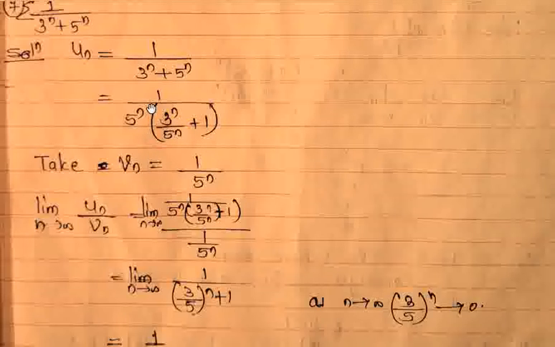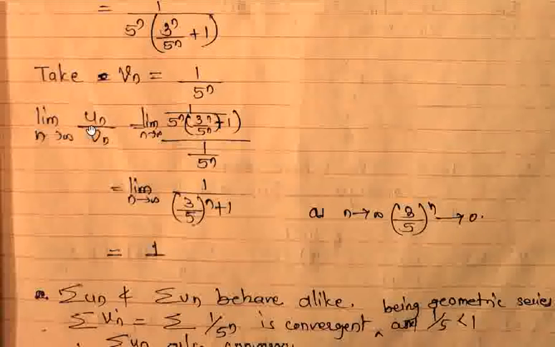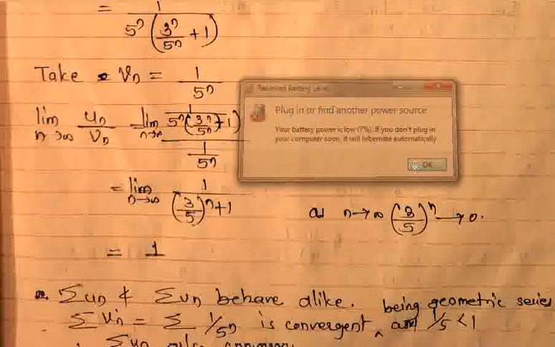So vn is going to be 1 divided by 5 to the n, the denominator, minus the numerator, which is 0. So un by vn, limit as n approaches infinity. Put this to the top. No, this cancels with this. Yeah, so this goes on the top.